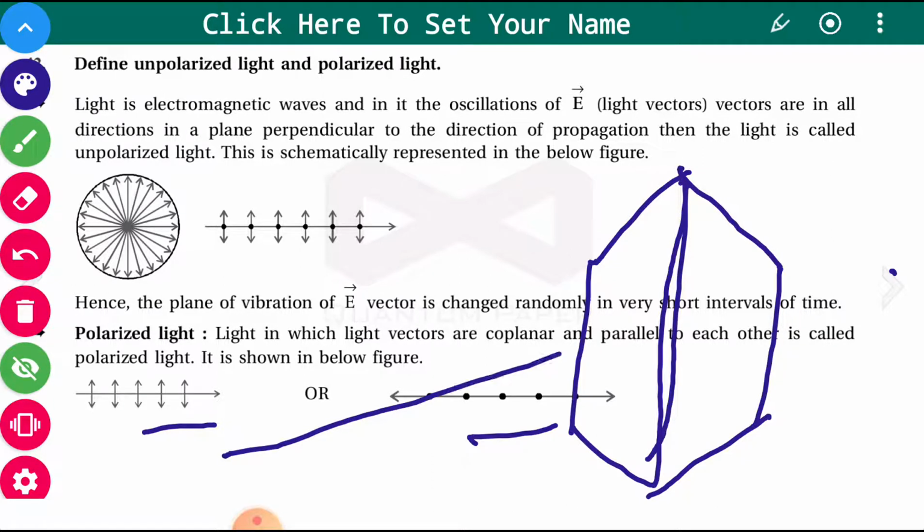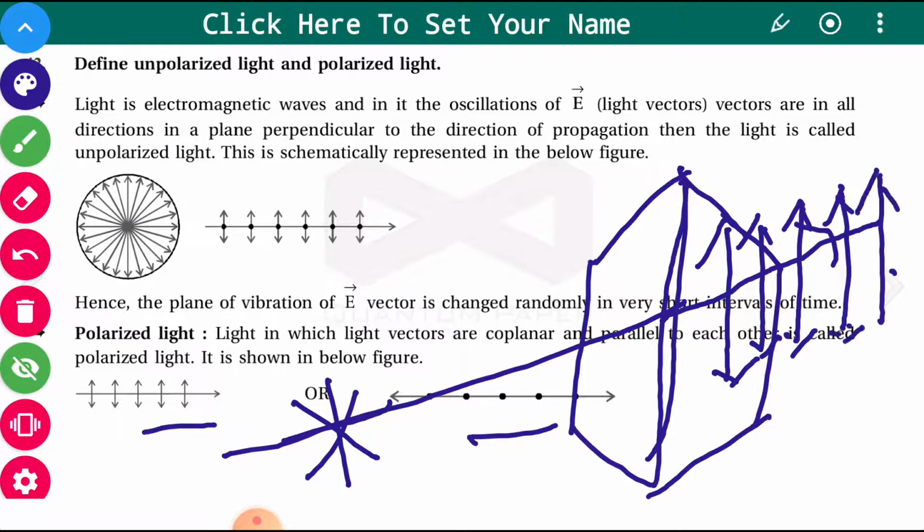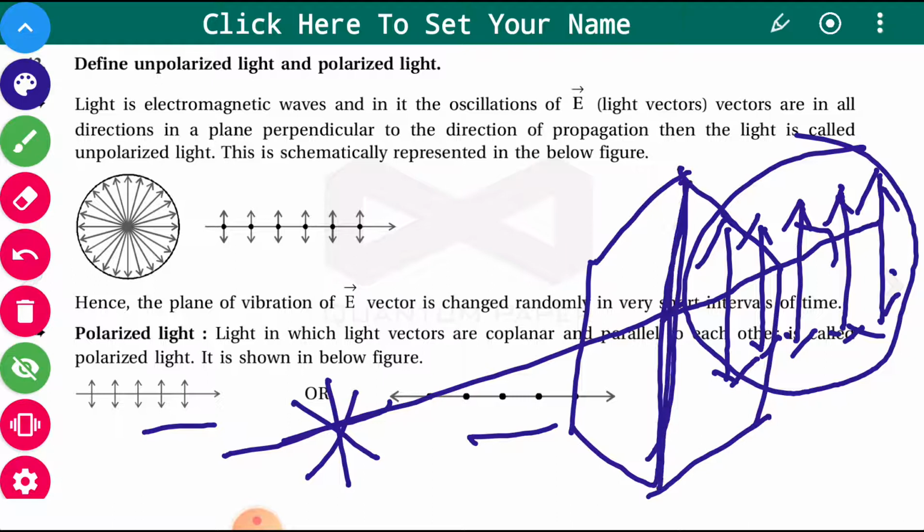Now if you pass unpolarized light through this tourmaline plate, then the light which is emerging out will have only electric field vectors which are oscillating in the direction parallel to the optic axis. So the light you are getting as output is plane polarized light in which electric field vectors are oscillating parallel to the optic axis.